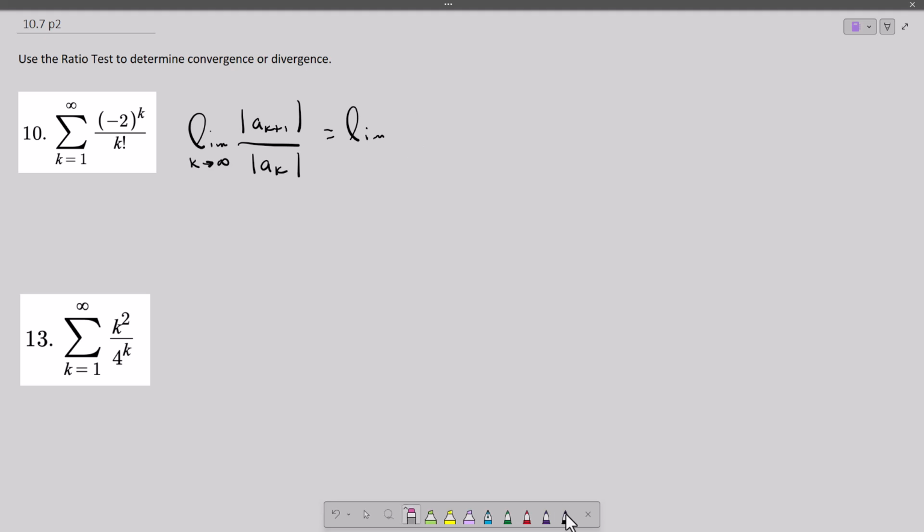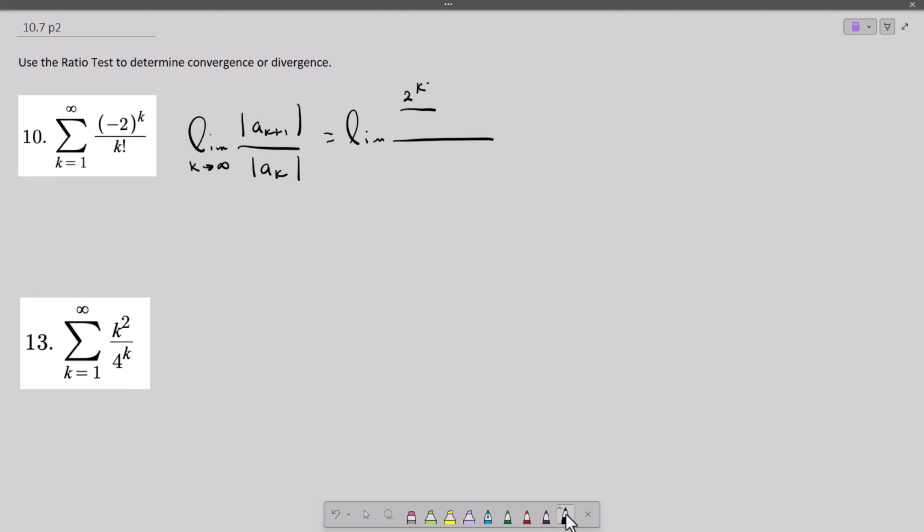Let me rewrite this. I didn't form this fraction carefully. So I want to form it more like this: 2 to the k plus 1 over k plus 1 factorial, and then in the denominator, we have the original 2 to the k over k factorial. So a sub k plus 1, we replace the k with k plus 1. We take the absolute value, which just gets rid of that negative sign. And then a sub k is in the bottom.